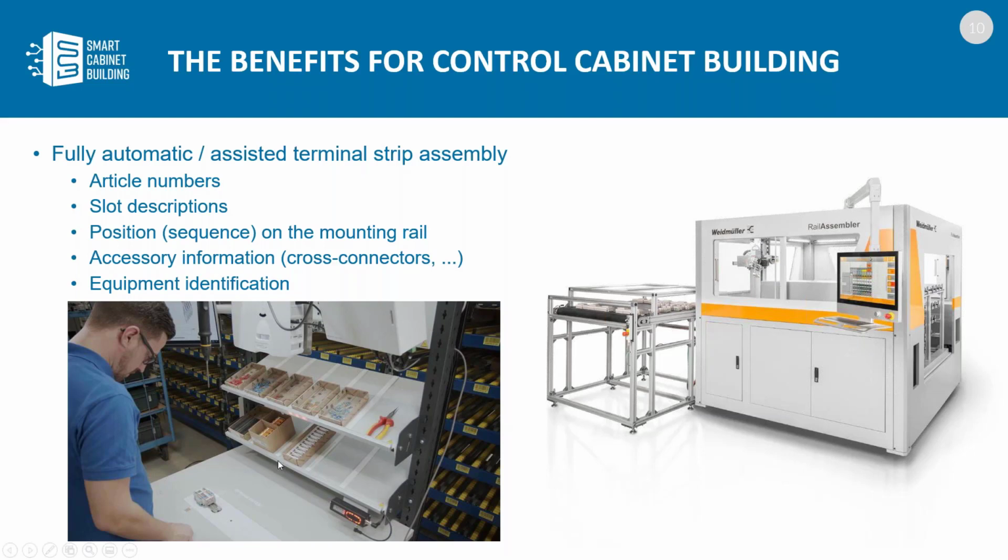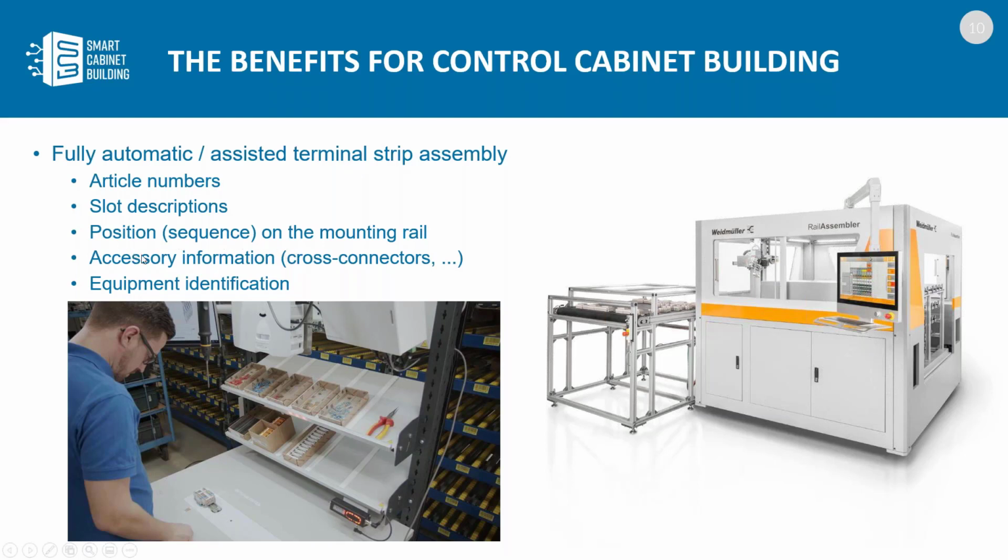To do that, you need the article numbers of all the products. Of course, it helps in E3 if you have slot descriptions, then there's an automatic pre-check that all the components also fit on this mounting rail. Then we need the exact position of the mounting rail, but this is also done by E3 series.